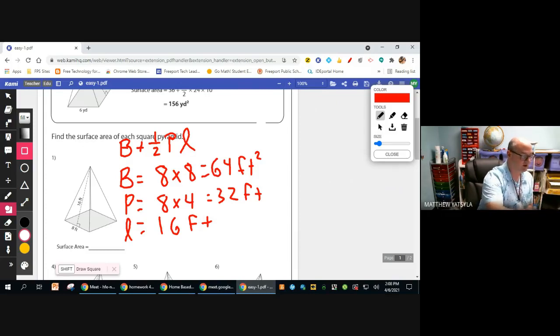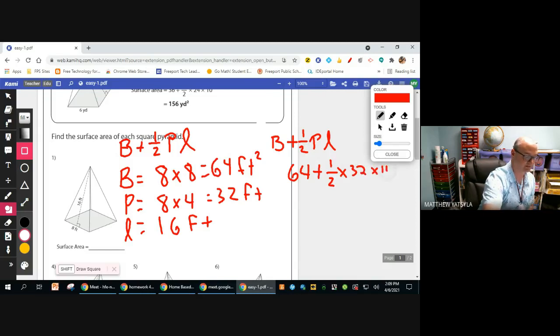Now we're going to plug this all back into our formula. So base plus 1/2 the perimeter times the slant height gets us 64 plus 1/2 times 32 times 10. Sorry, 16.